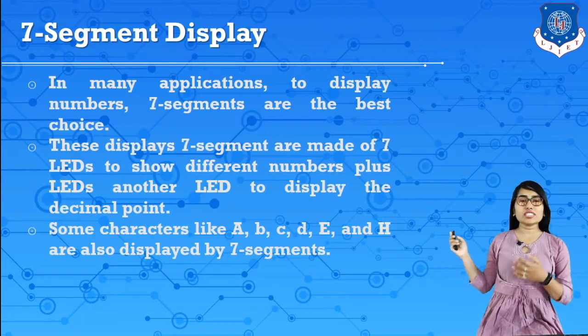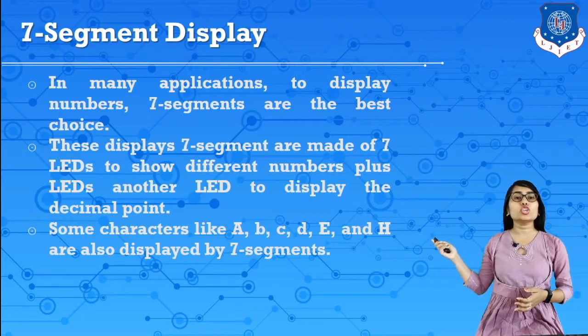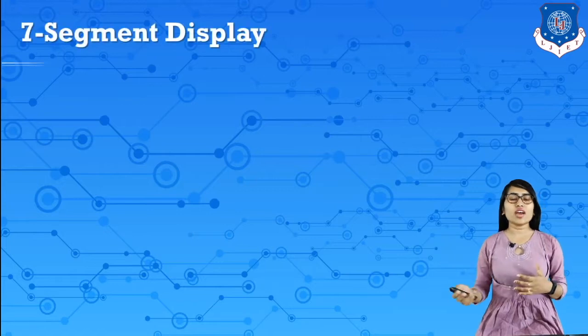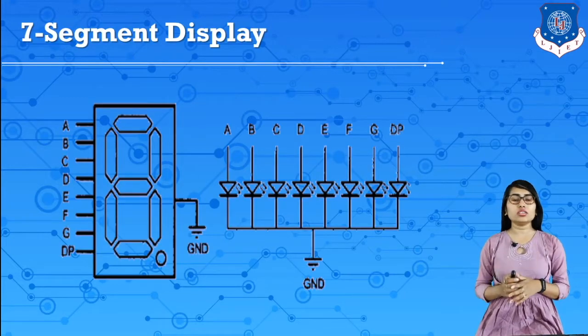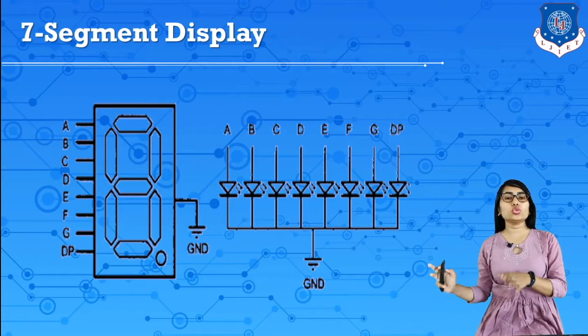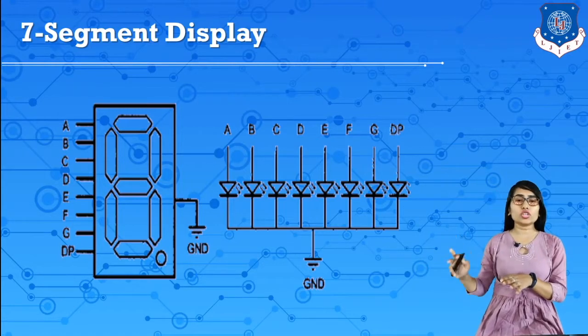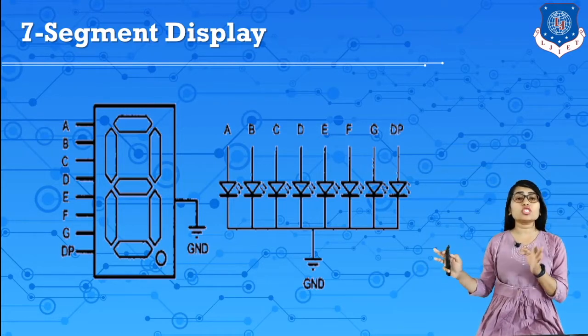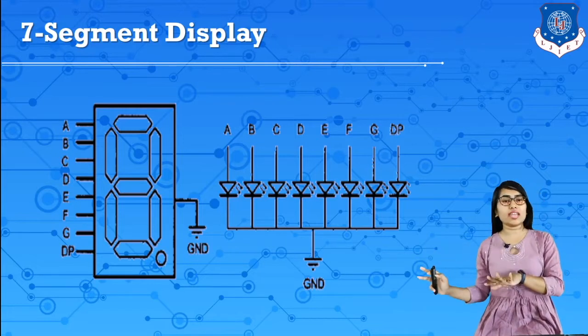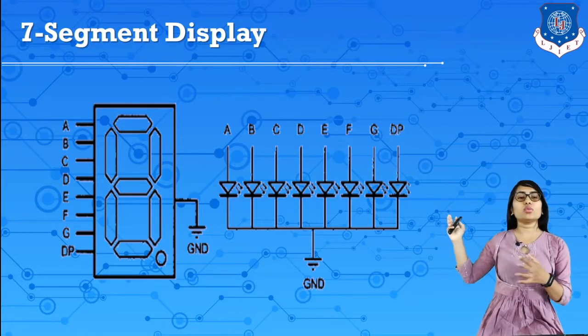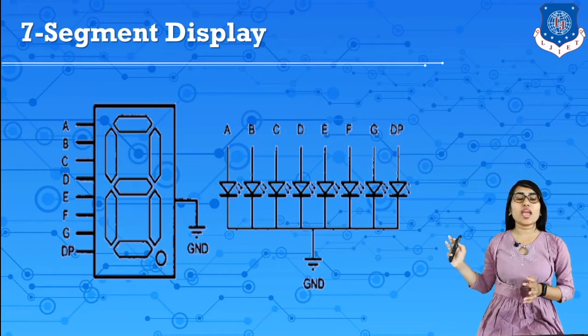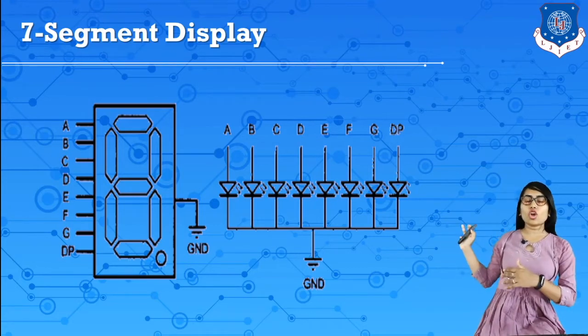So these 7-segment LEDs are basically used to display numbers 0 to 9, total 10 numbers. Here we have A, B, C, D, E, F, G, total 7 LEDs like this, and it's a common cathode architecture.